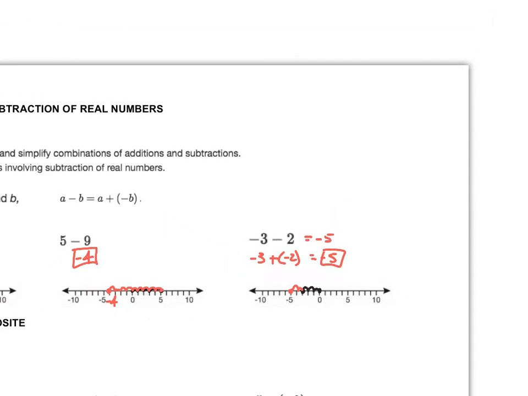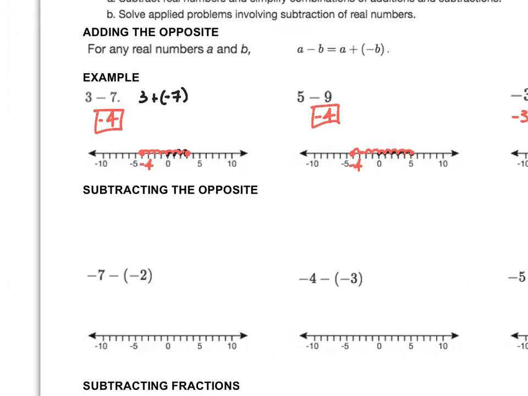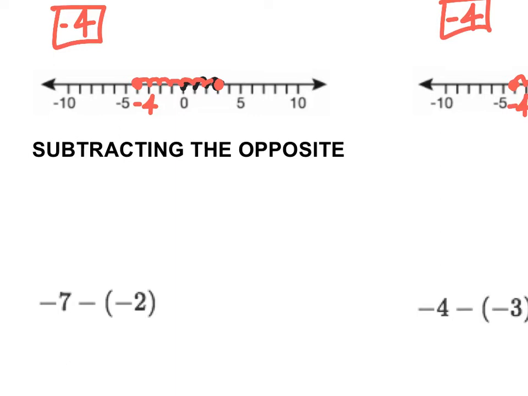Let's take a look at something that's kind of new, and that's subtracting the opposite. Now you have to think about this. If you subtract a negative, what's the opposite of negative 2? That's actually going to be positive.